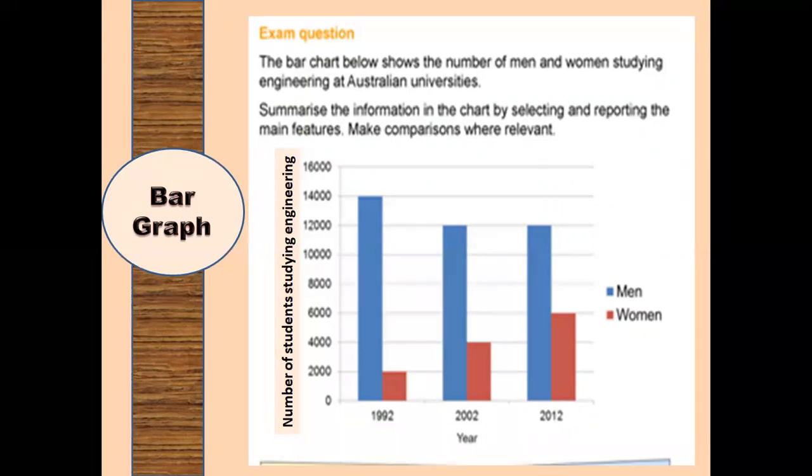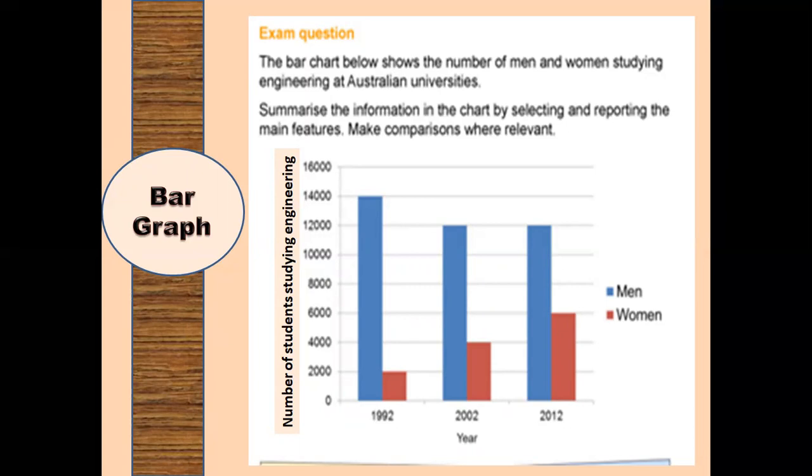Now you can see the first year, that is 1992. The next one is 2002, and the last is 2012. The blue bar represents men, and the red bar represents the number of women.